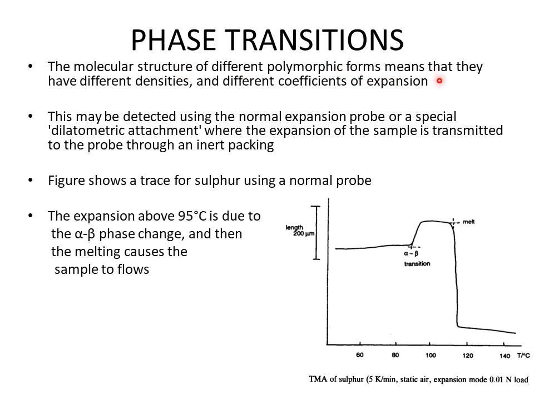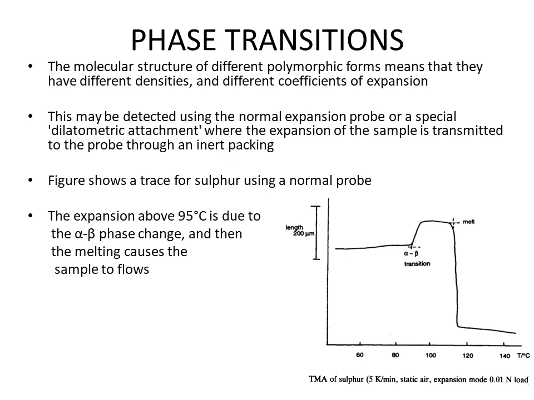These polymorphic forms differ from each other in their densities and in their coefficients of expansion. These different forms may be detected using the normal expansion probe or a special dilatometric attachment, where the expansion of the sample is transmitted to the probe through an inert packing.